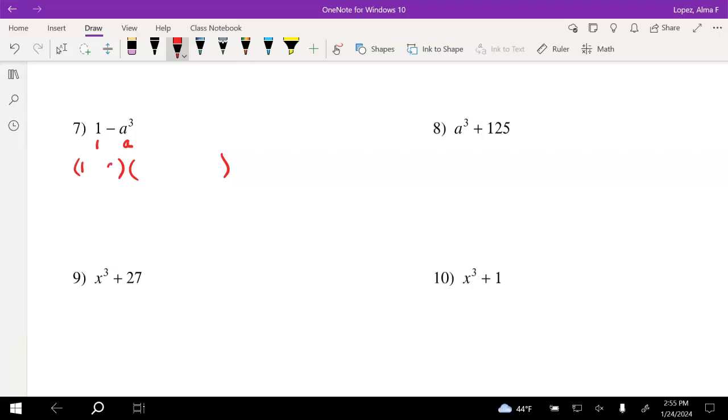First base, second base, with the same sign as in the original problem. The first base squared goes in this position, so 1 times 1 is 1. The second base squared goes in the last position, a squared. This is always a plus. This sign is the opposite of that one. And in the middle, it's the product of our two bases. 1 times a is 1a.